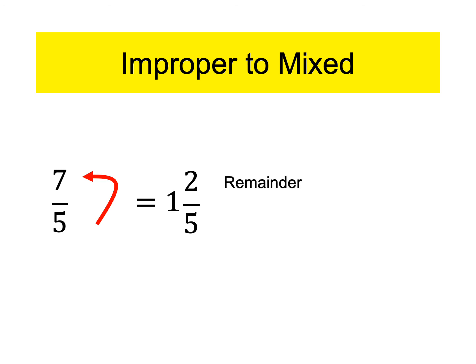So the remainder goes on top. The original denominator goes on bottom, and that integer out front is how many times the original denominator goes into the original numerator. Is this stimulating your memory? You remember doing this? Hopefully. If not, write this down in your notes.